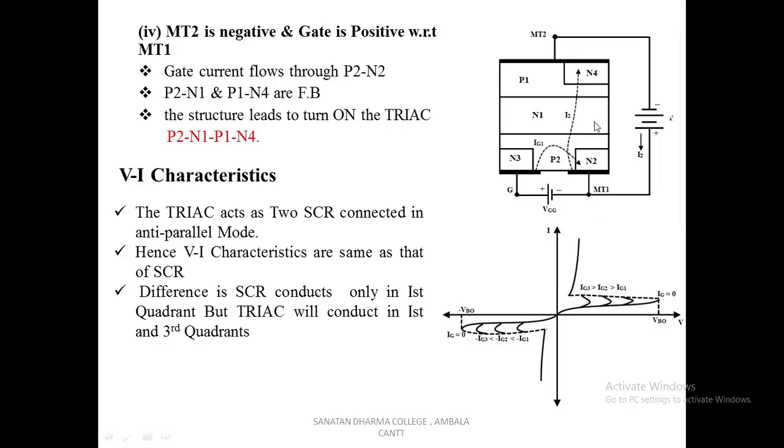So we have seen that in the first two cases the current was flowing through the path P1 and N1, P2 and N2, and in the last two cases the current is flowing through P2 and N1, P1 and N4.